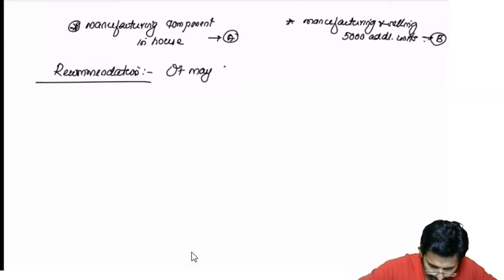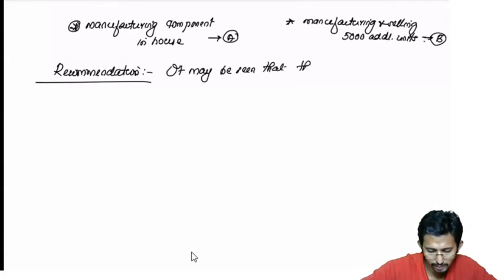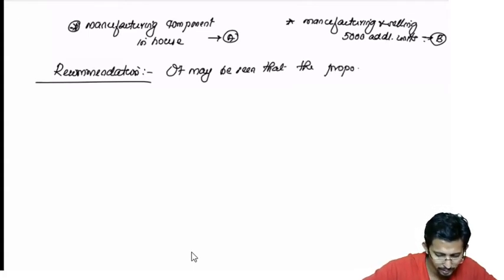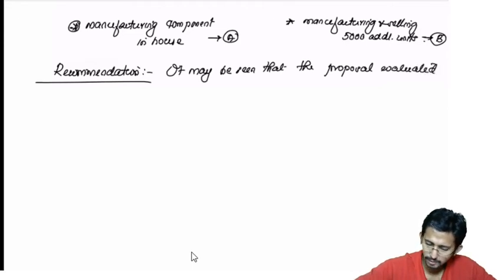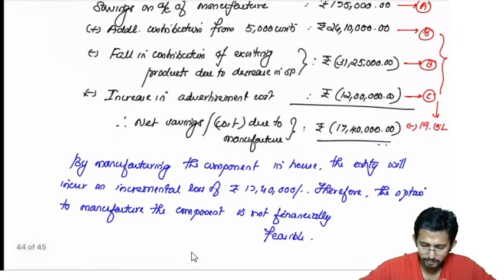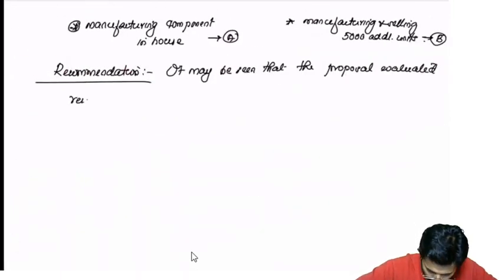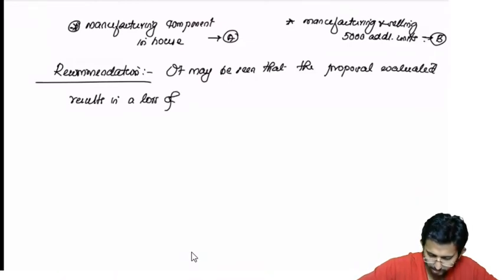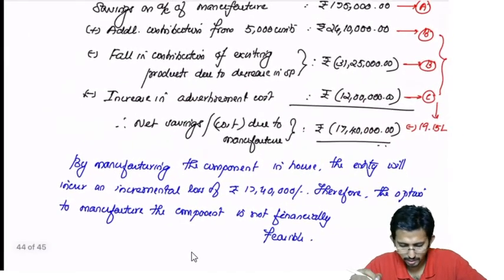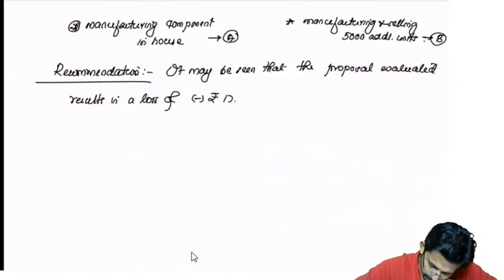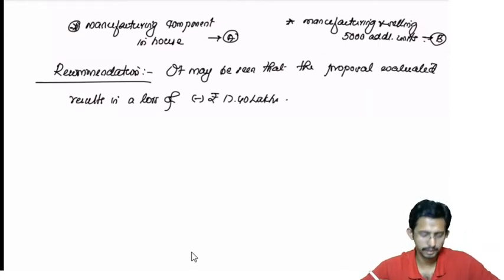It may be seen that the proposal evaluated results in a loss of 17,40,000. How much is 17,40,000? 17,40,000.